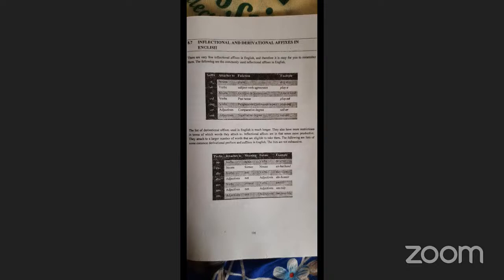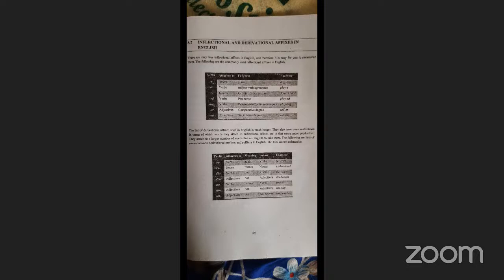Education, educate, educational, uneducated, educated, right? Now you have one particular root, and with that we are able to form at least four different words, isn't it?